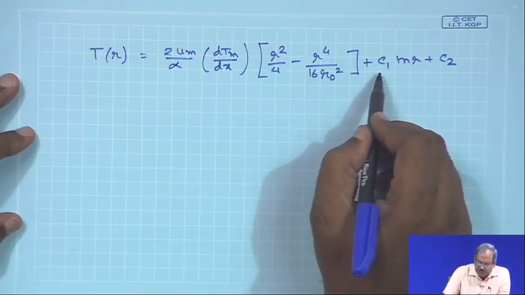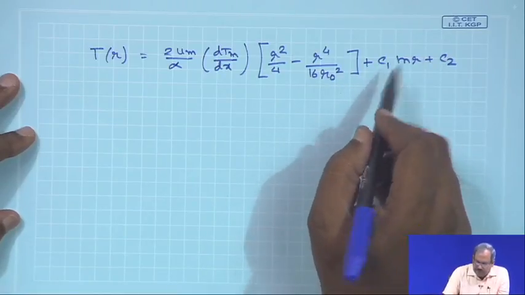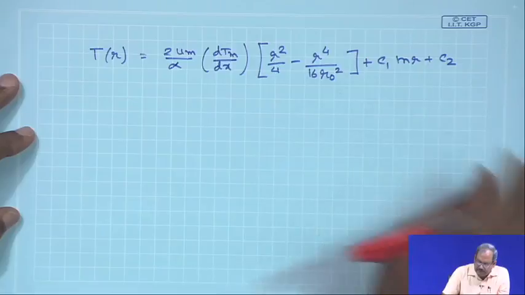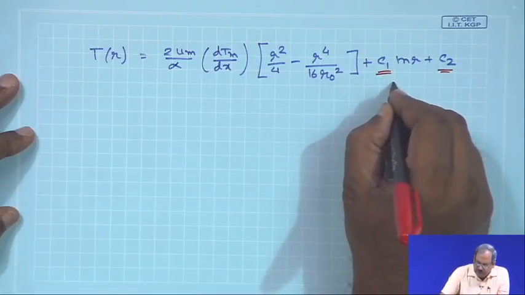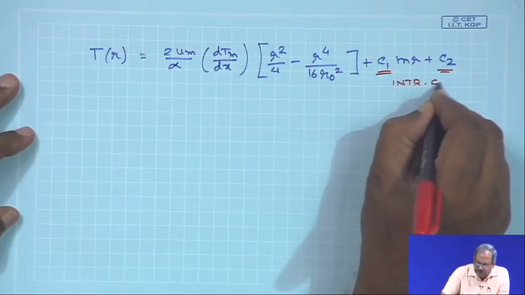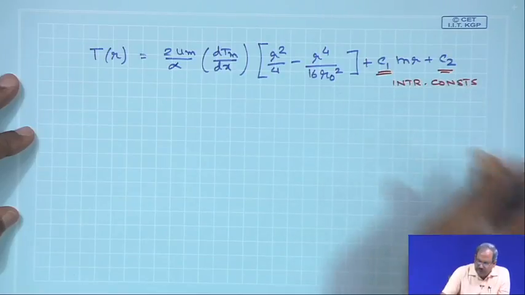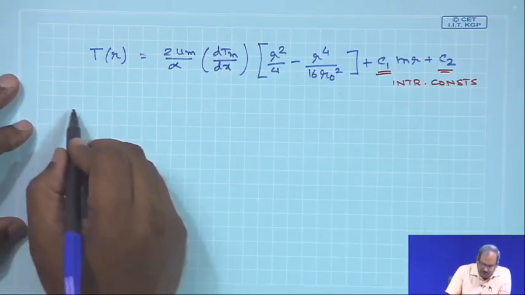I would advise you to do this integration on your own and practice to see whether you are getting the same result. These C1 and C2 are integration constants, which we need to evaluate by applying certain boundary conditions.